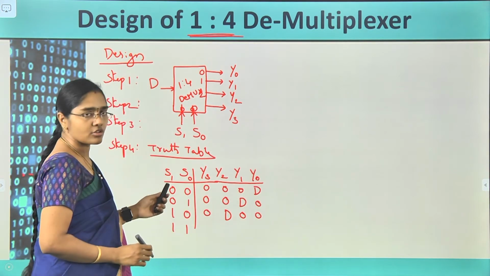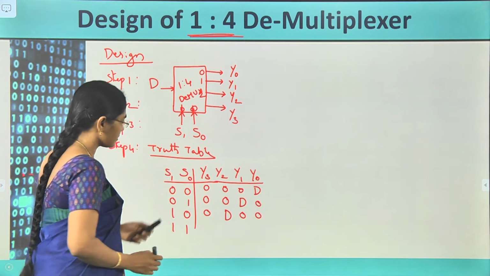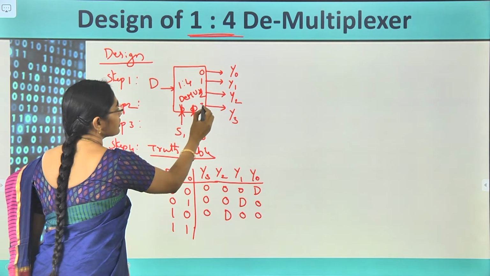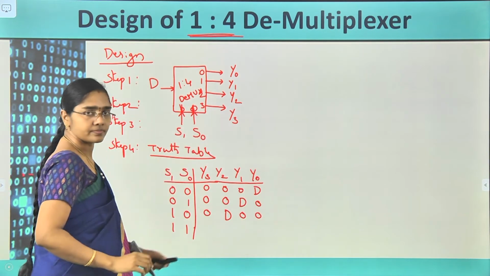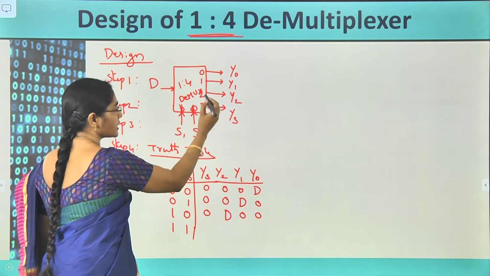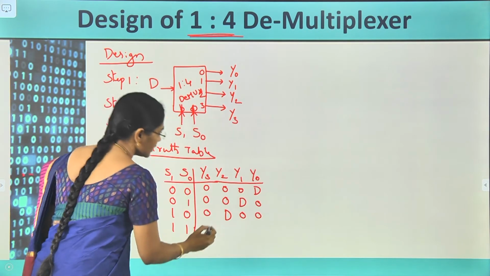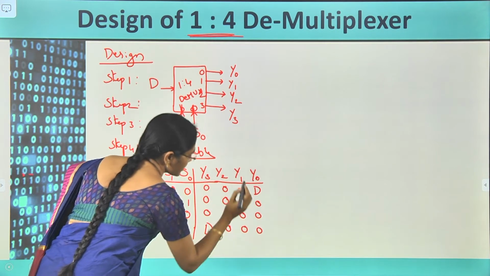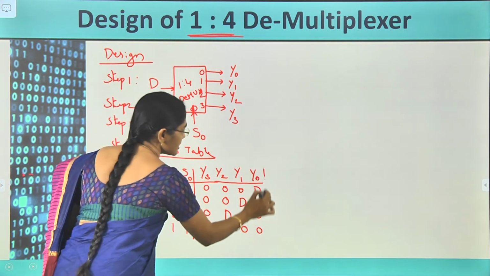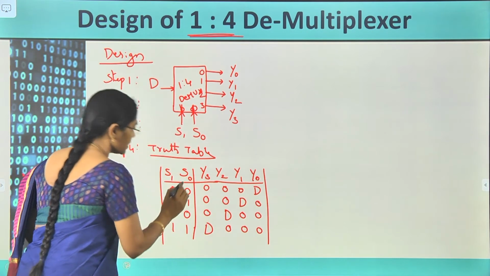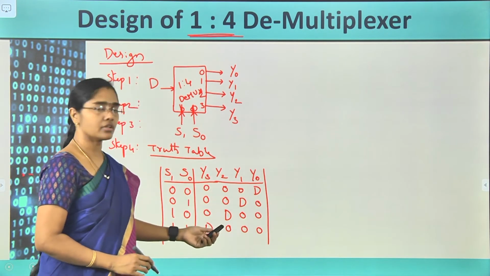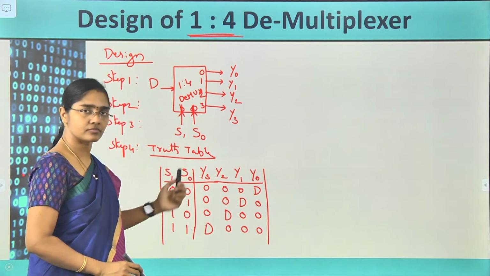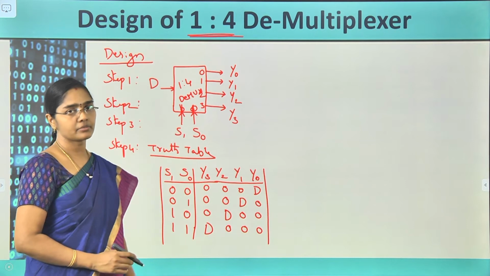Then the last combination, S1 and S0 are 1 1, D is connected to Y3, that is Y3 is equal to D, and all other output signals are 0. So this is the relation between selection signals, output and data input signal. This is the truth table of the 1 to 4 demultiplexer.